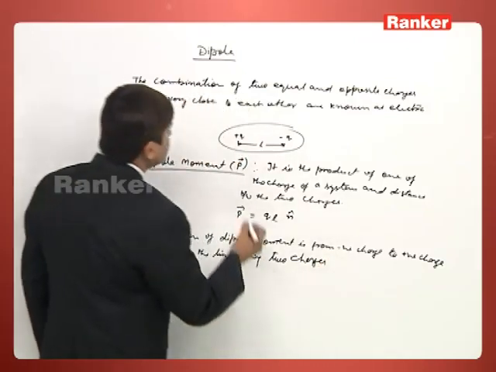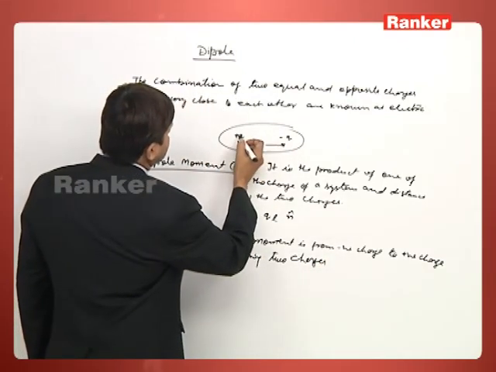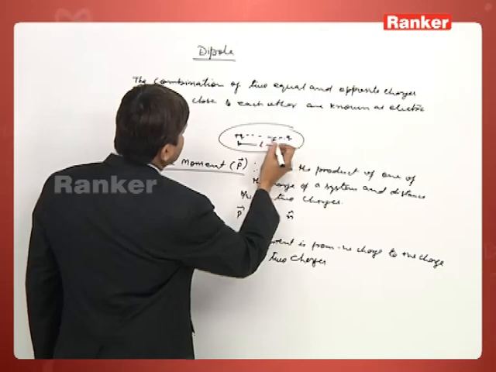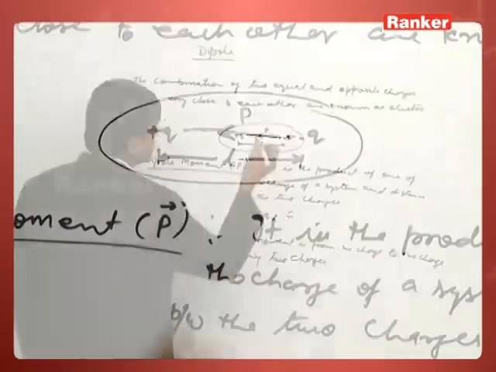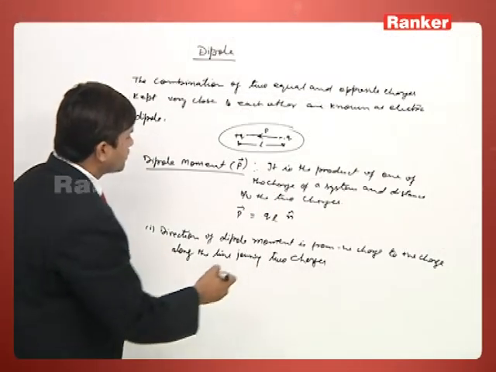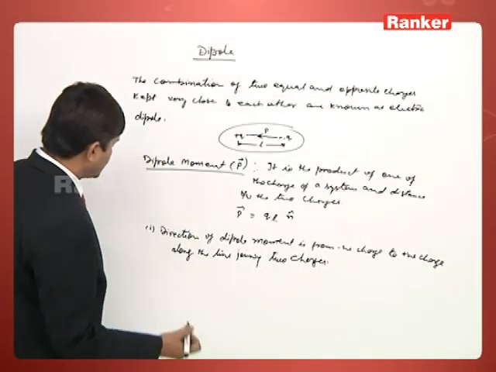It means this is the positive charge, this is the negative charge. If this is the line joining the two charges, the direction of the dipole moment will be this. This is the very important point for dipole moment.